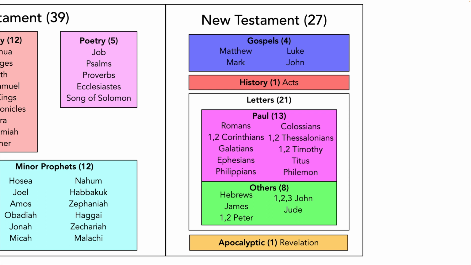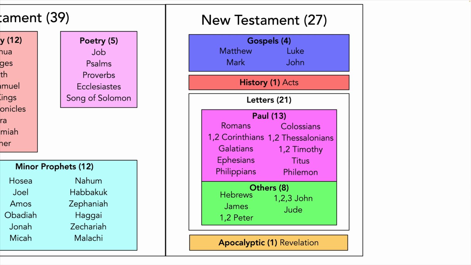It helps us interpret the genre a little bit better. But the Apostle Paul wrote 13 letters, and then other people wrote 8 other letters. Now, you'll notice in that other category that there are 2 letters by Peter and 3 letters by John. So we don't have that many authors, but there are 8 other letters within the New Testament in addition to the 13 letters of Paul.